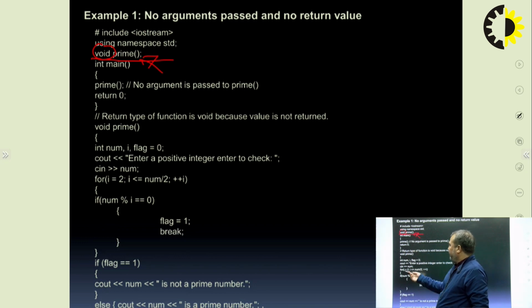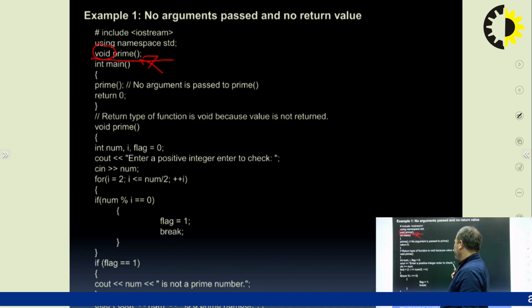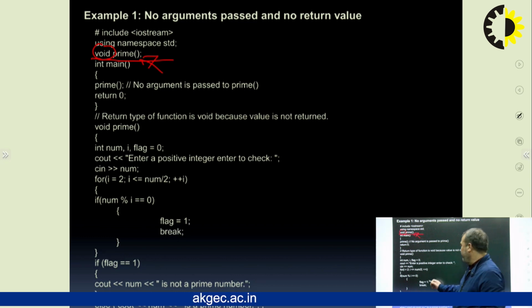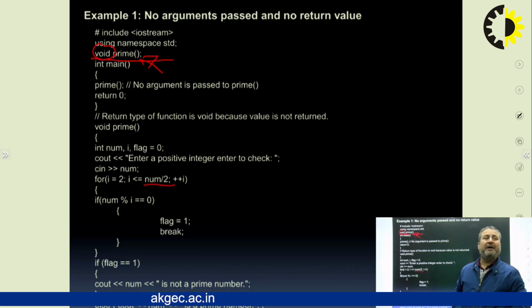So the prime function will be called, and the definition gets executed. Here we will enter any number num. What is a prime number? A prime number is a number which is divisible only by itself or by 1. So we check from 2 up to number minus 1, and ultimately it will be number by 2.